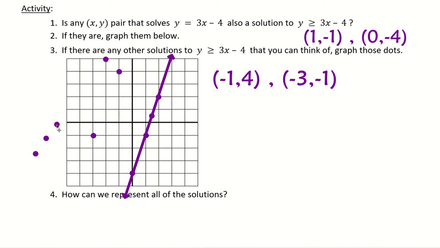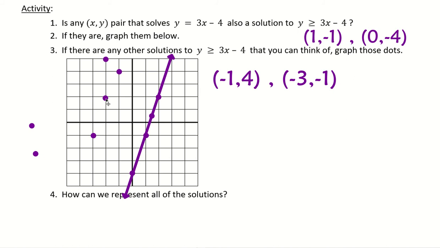Maybe you're starting to see by now that there's a whole new world of solutions. In fact, you might already know this from your distant past, but there are solutions literally everywhere on this side of the line. I could put a point anywhere, say stop, and boom, right there.